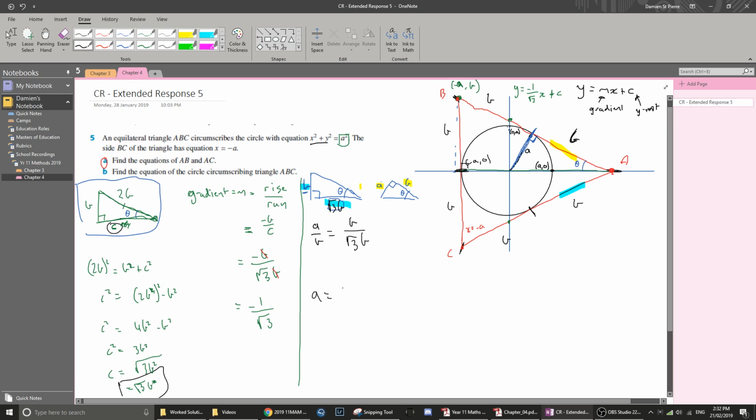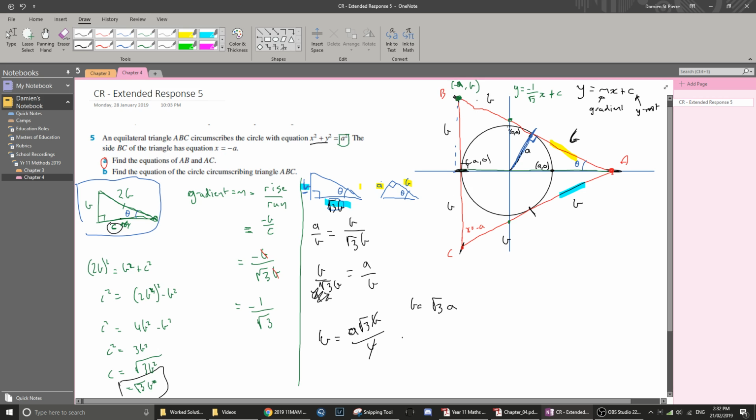So A, we know this length is B, we want it in terms of A, so I'm going to solve this for B in terms of A. I'm going to rearrange, so we have B on root 3B, I'm just switching sides here to make it a bit clearer, equals A on B. I'm going to then get B is equal to A root 3B on B. Cancels, cancels. So B is the same as root 3A.